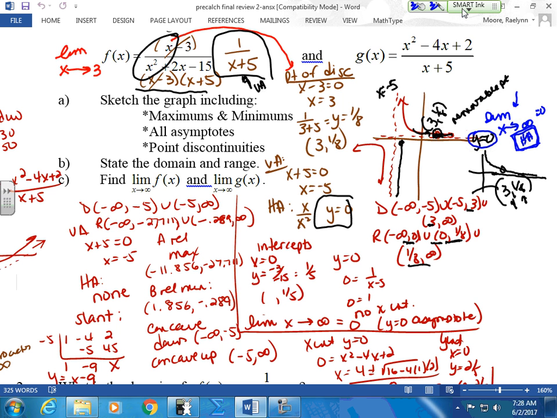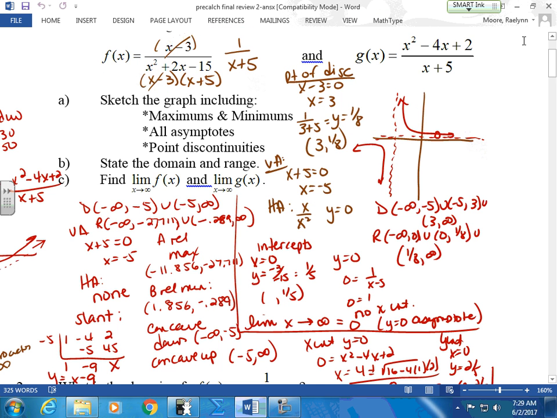It could be a vertical, could be a slant. But whatever asymptote is guiding that, that's what's guiding your limit. Okay? All right, let's hit the next one. The next one's a little trickier. I did rewrite it, but somehow it's off my board. So here's the graph for this guy.